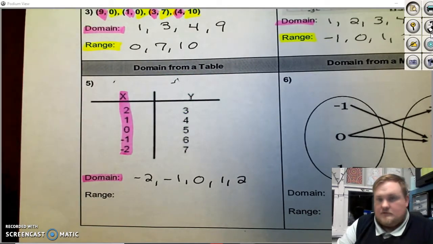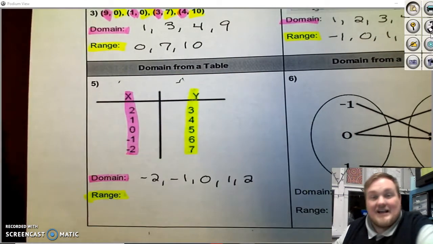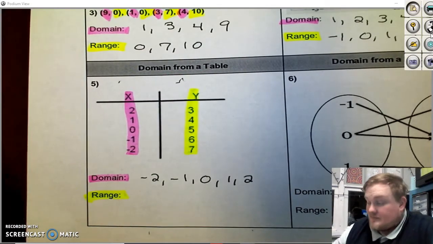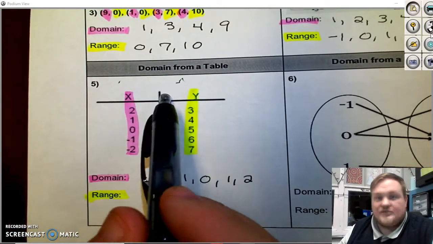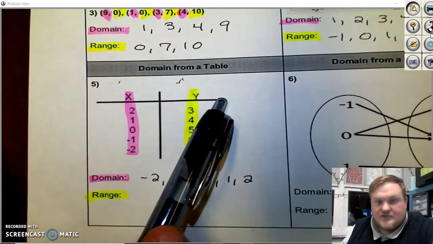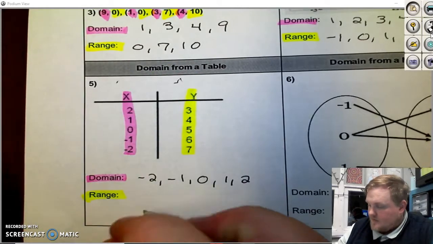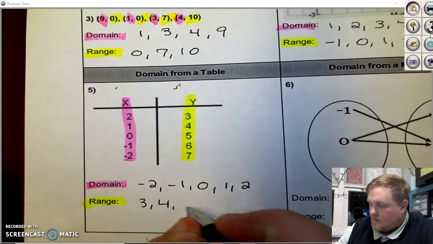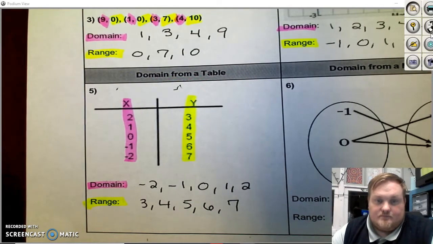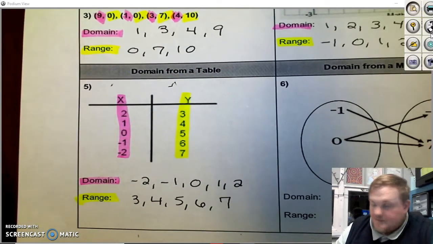Your range will be everything in that second column, the y column. Sometimes they have different names. Sometimes x will say input at the top, or y will say output, or maybe it'll say study time and grades or whatever. First column is your x, second column is your y. So 3, 4, 5, 6, and 7. Those are the easiest because you should write down the numbers you see in the columns.